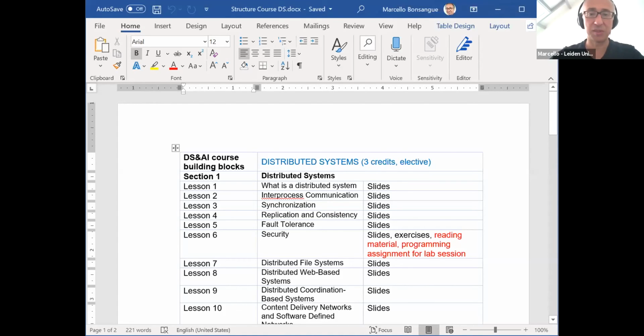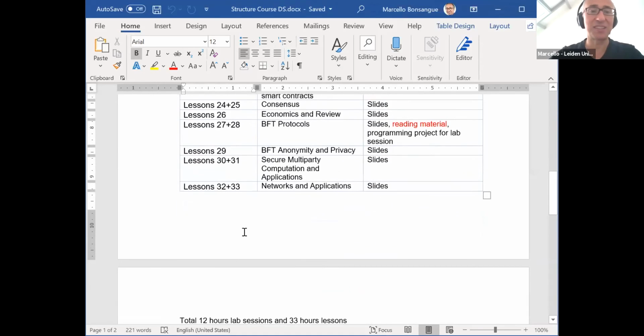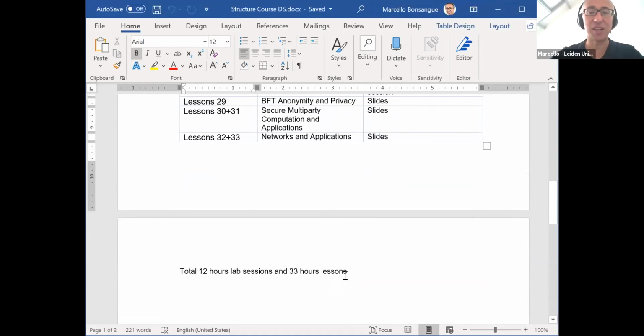So this is the division in terms of lessons of the same material. In total, that would be 33, so a 33-hour lesson and 12 hours of labs, 45 in total.